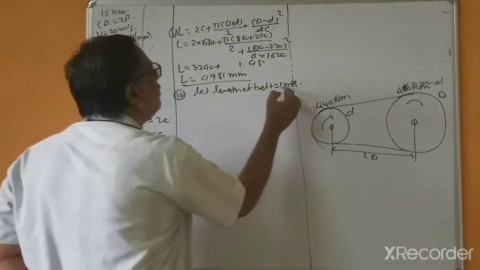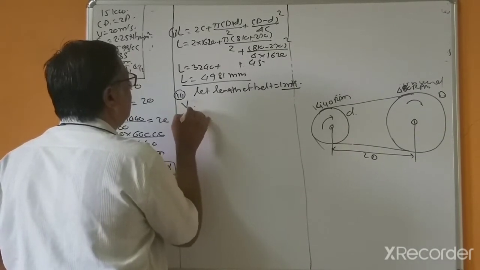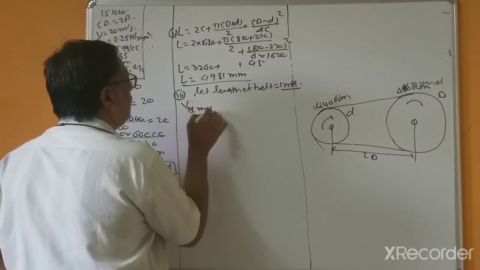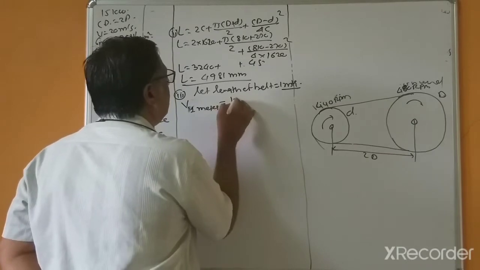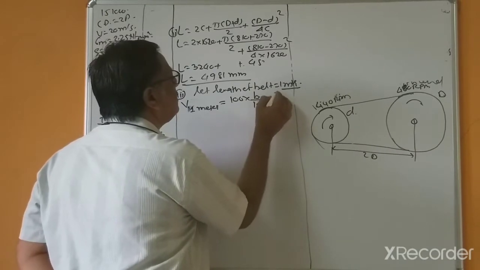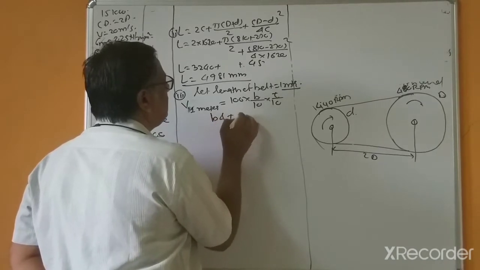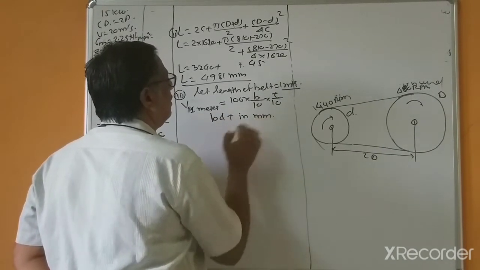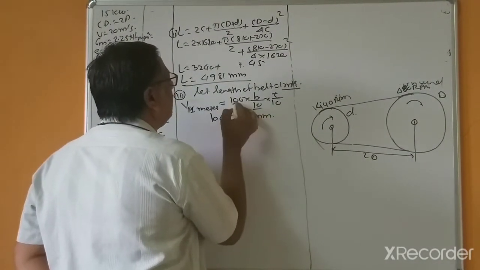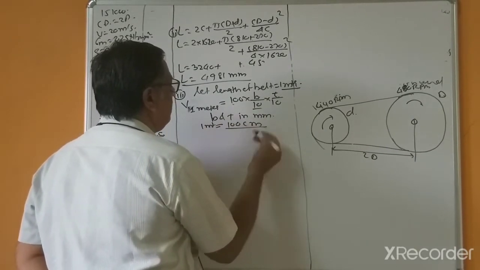Volume of the 1 meter belt equals 100 into B into T, because B and thickness are in mm while the length is 100 centimeter.